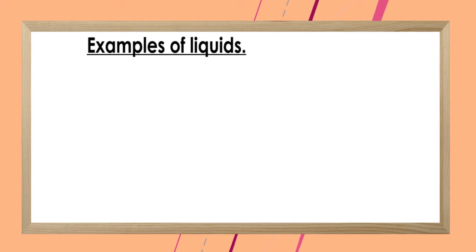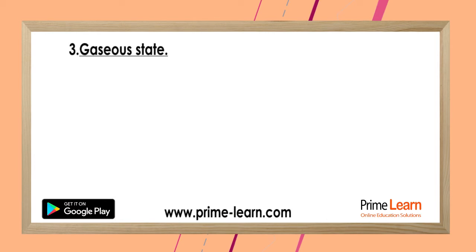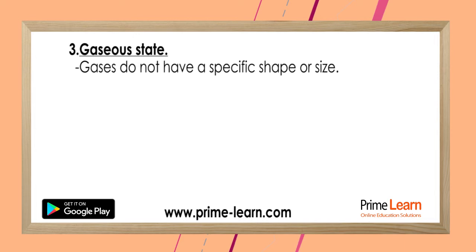Let us look at the examples of liquids. We have water, milk, soda, petrol, alcohol, to mention but a few. All those examples we have mentioned belong to liquid state of matter. Lastly, we have the gaseous state. My dear friend, the gases, they don't have a specific shape or size.